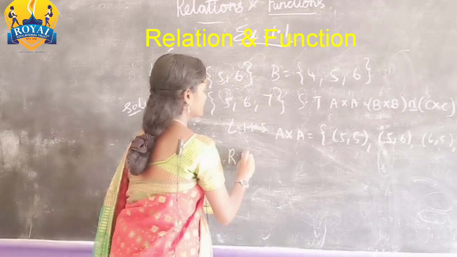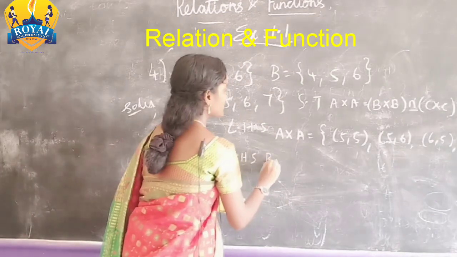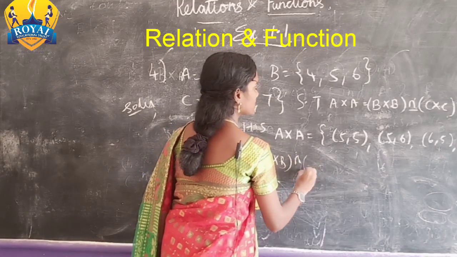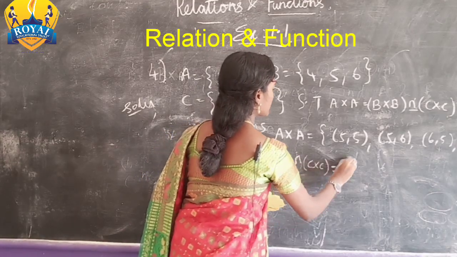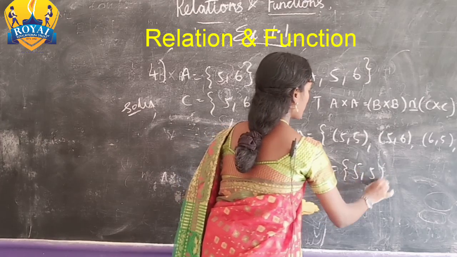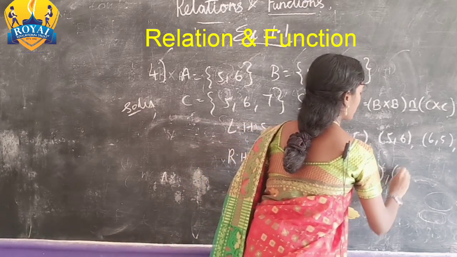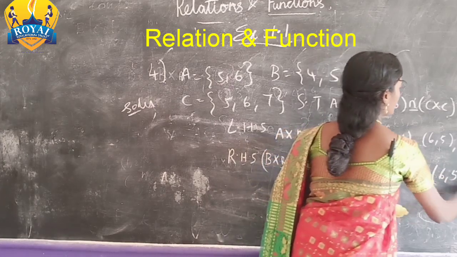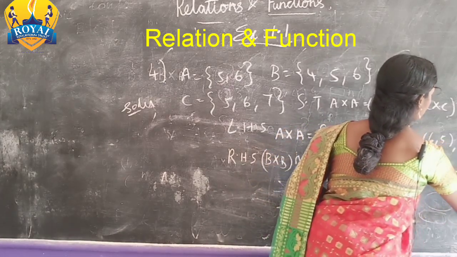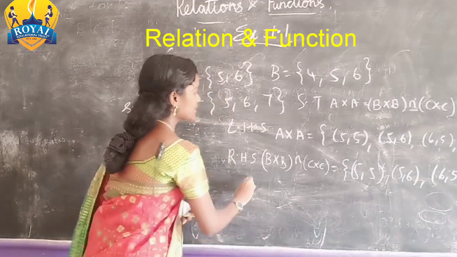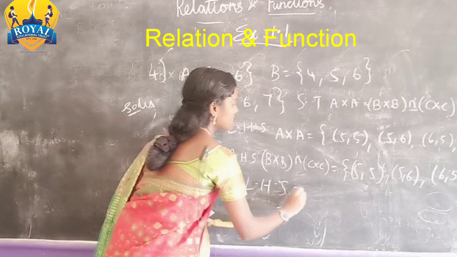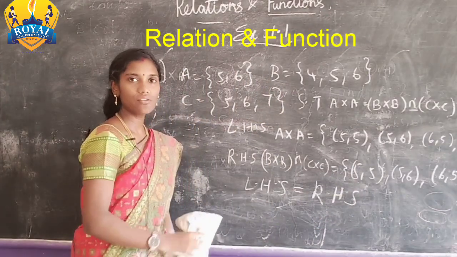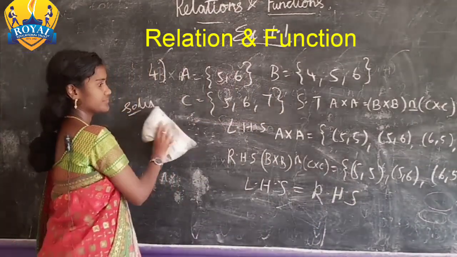Right hand side, the question is B cross B intersection C cross C. The answer is 5 comma 5, 5 comma 6, 6 comma 5, 6 comma 6. Both sides are equal. So left hand side is equal to right hand side. This is your fourth sum.